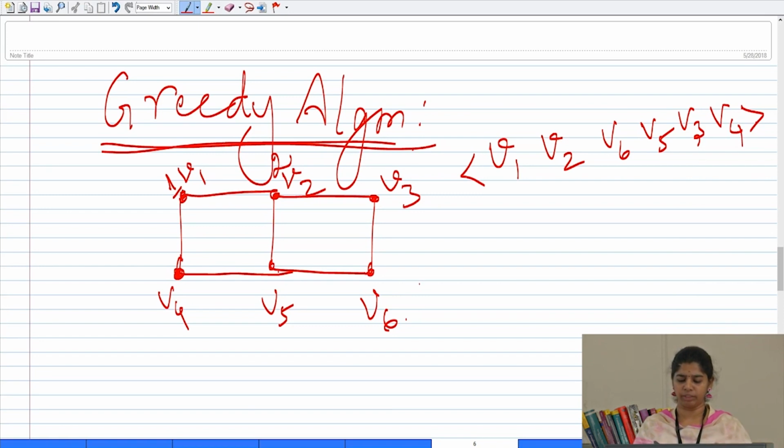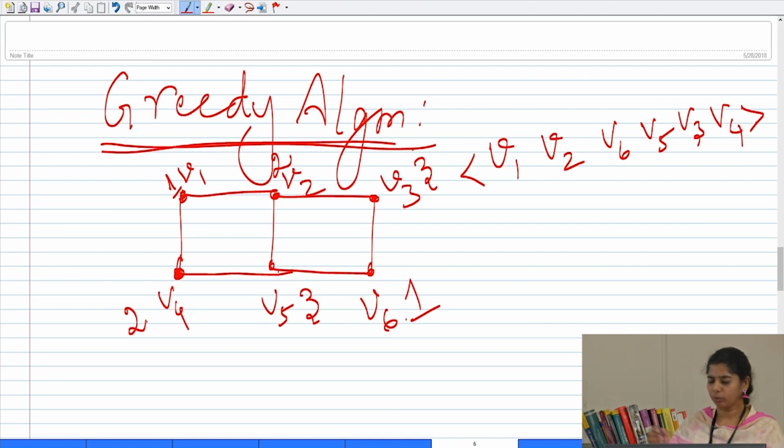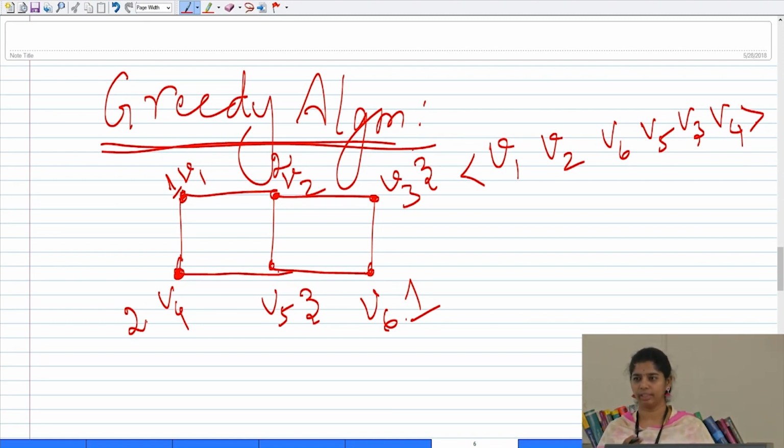So greedily I will always choose the minimum numbered color that is available. So 1. Next V5 comes. V5 will require color number 3. And what about V3? 3 again. And what about V4? 2. So this ordering gives 3 colors.